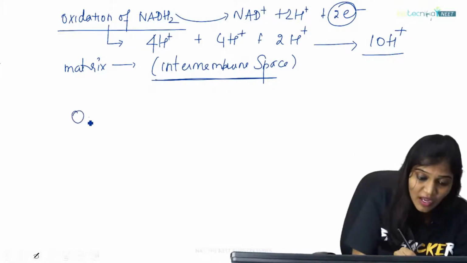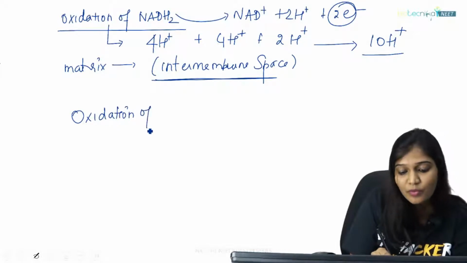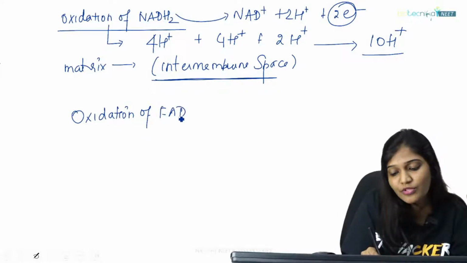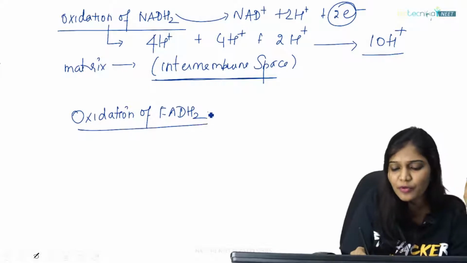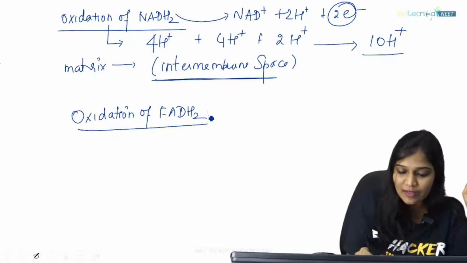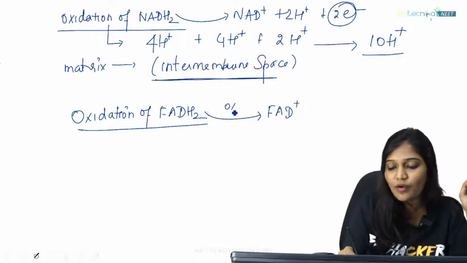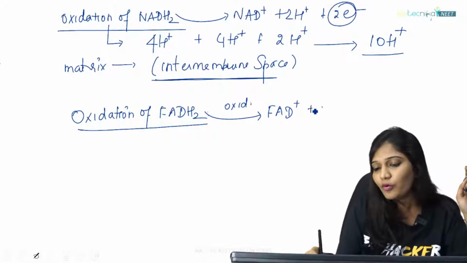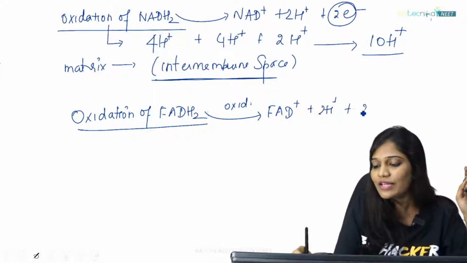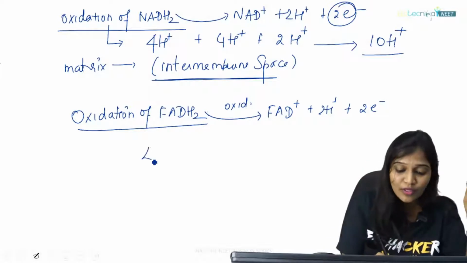But consider the oxidation of FADH2. Suppose FADH2 is produced in the Krebs cycle. Nowhere else is it produced. 2 FADH2 are produced for 1 glucose molecule, or 2 Krebs cycles, we can say. This is getting converted into FAD+, which means it is getting oxidized, giving 2 protons and 2 electrons. These electrons will be given. At that time, at the first complex, no protons are going into the intermembrane space.